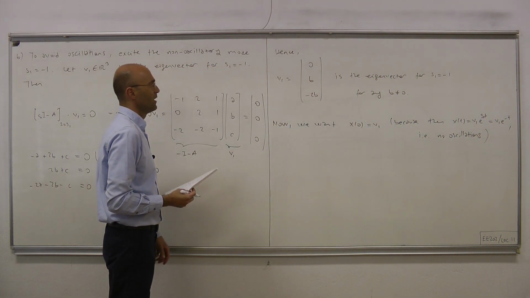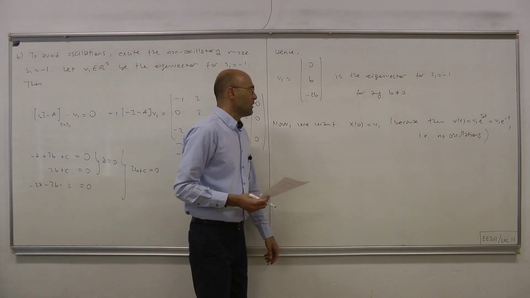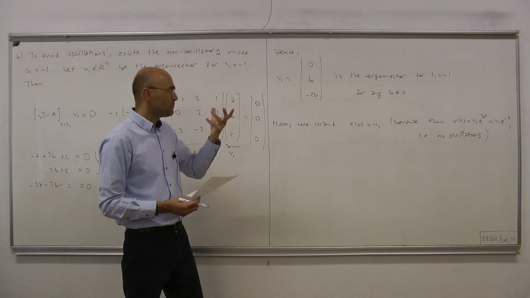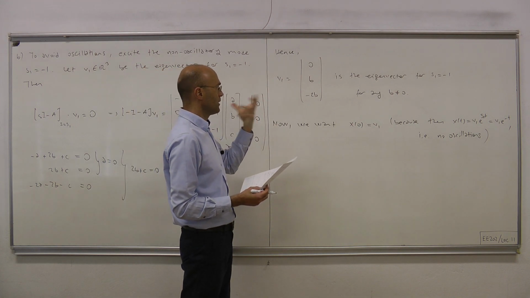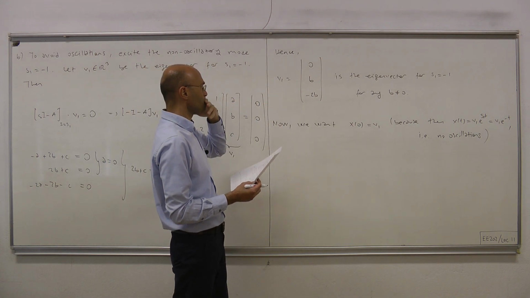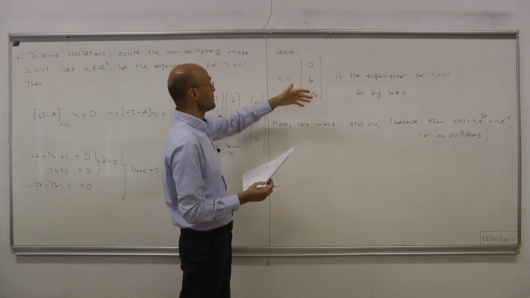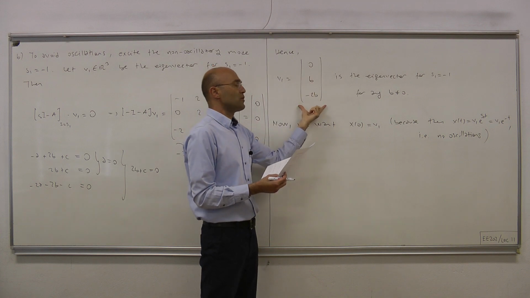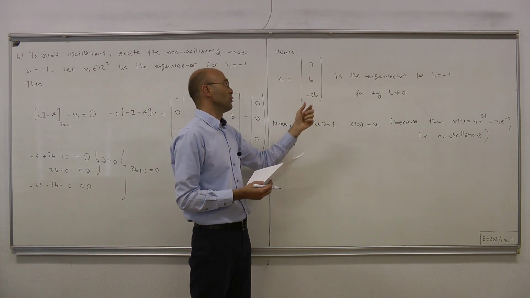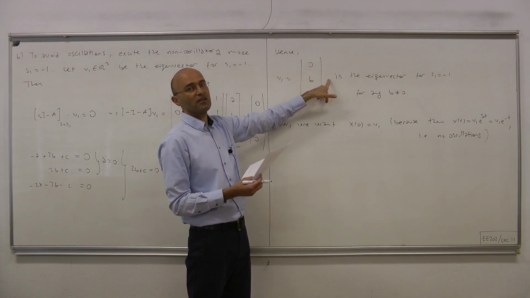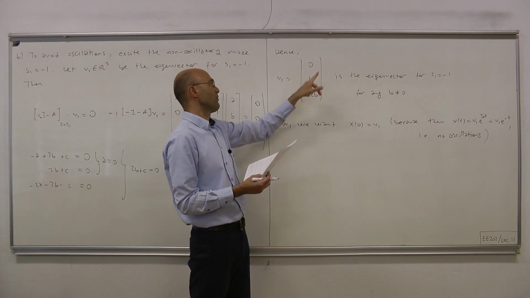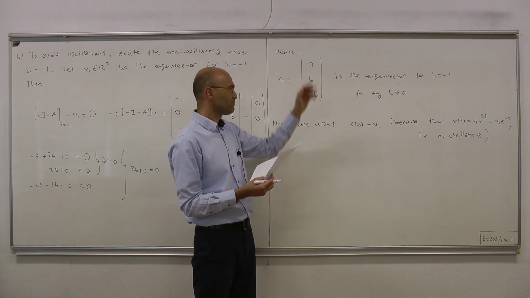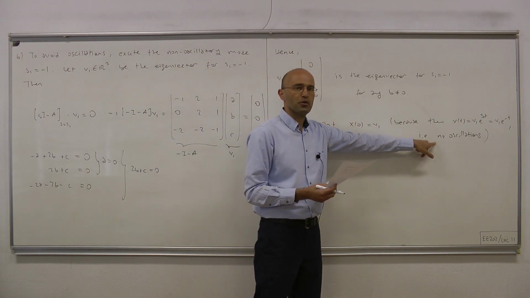Now, the rough answer is that if you choose any B, and you start your circuit from these initial conditions, the first capacitor voltage 0, the second capacitor voltage something, and the inductor current minus 2B, then your circuit displays no oscillations.